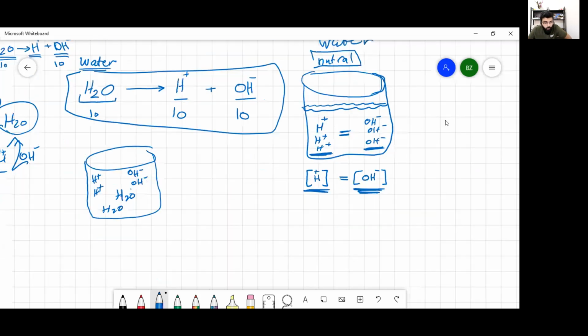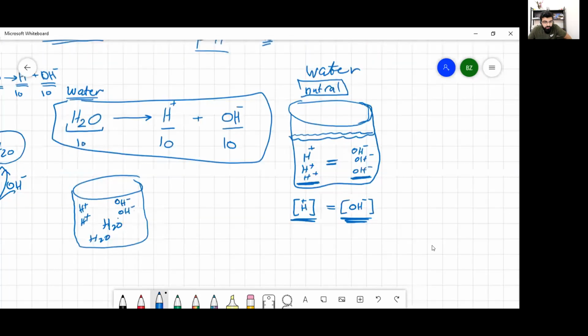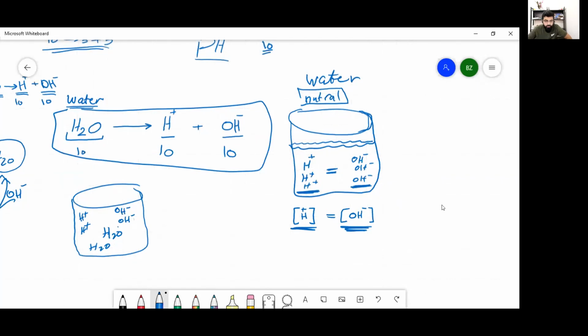Okay, what if we add solute to the water? Let's add a chemical like HCl, for example. HCl, hydrochloric acid, splits into H plus and Cl minus, right?